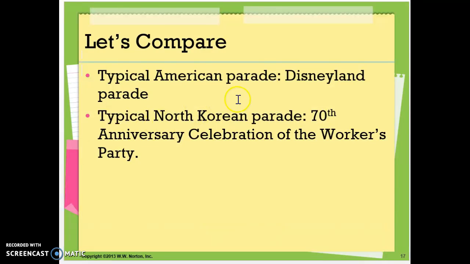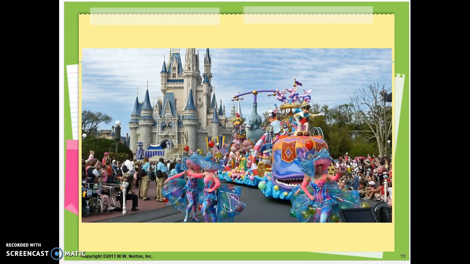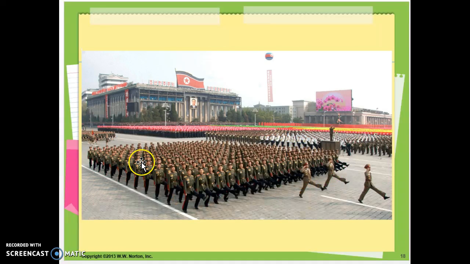So let's compare. The Disneyland parade is a typical American parade, and this North Korean parade, I guess it's the 70th anniversary celebration of the Workers' Party. These are important in the culture. So what do they tell us about the culture? This one tells us that North Koreans value orderliness.